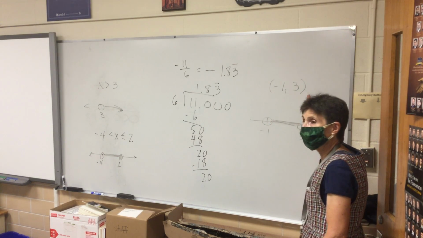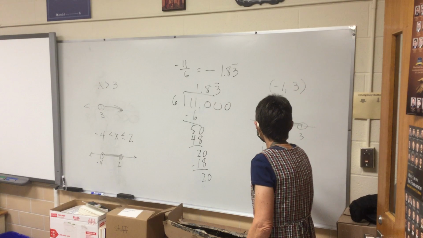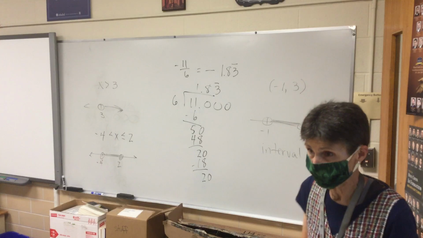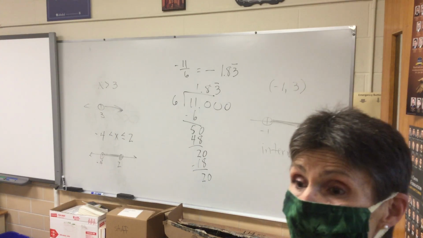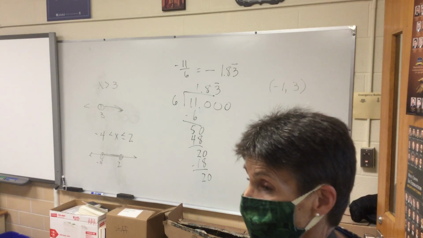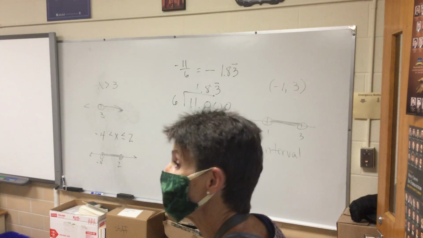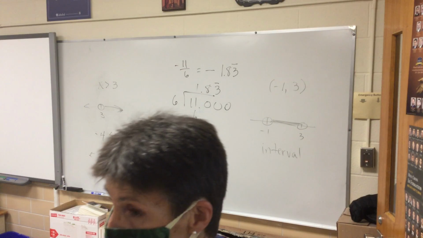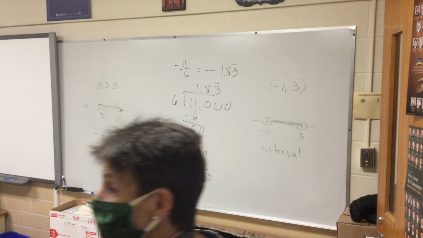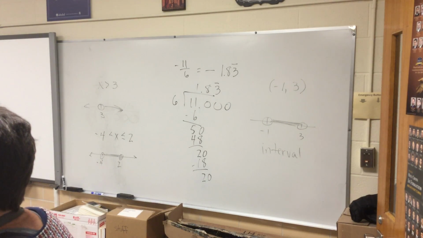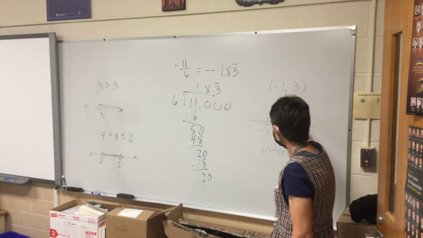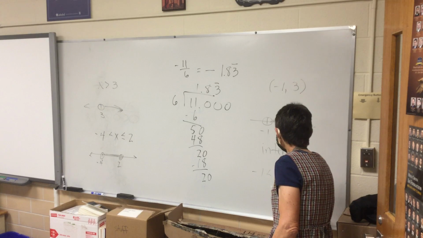This is what we call interval notation. And the parentheses indicate open dots. So there's an open dot at negative 1, there's an open dot at 3, and we're going to shade everything in between. So this actually means the same as this.